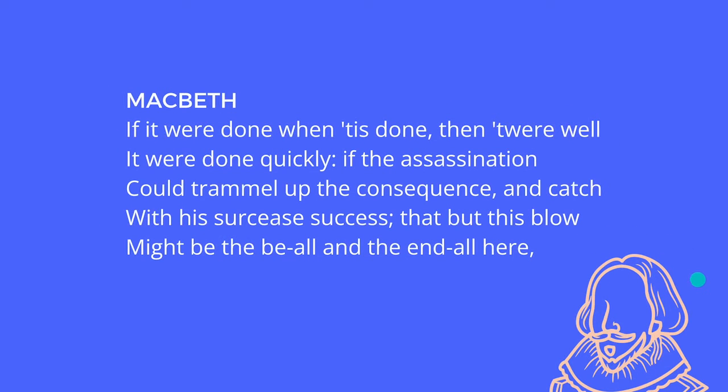So here's a literary example, a quick one, of Macbeth, a Shakespearean play. And Macbeth here, the main character, is deciding whether he should assassinate his king in order to become king himself. And let's take a look at the language. So notice here: if, could, might.